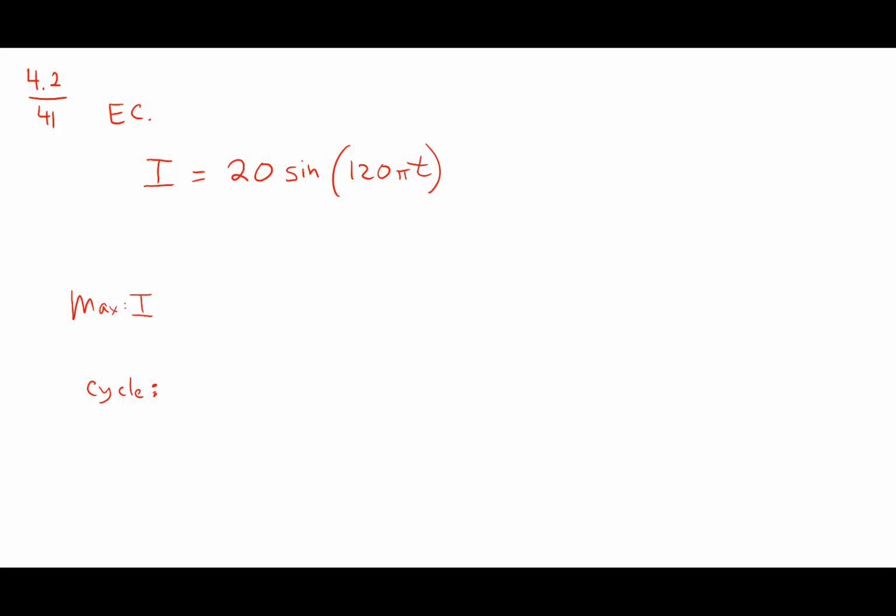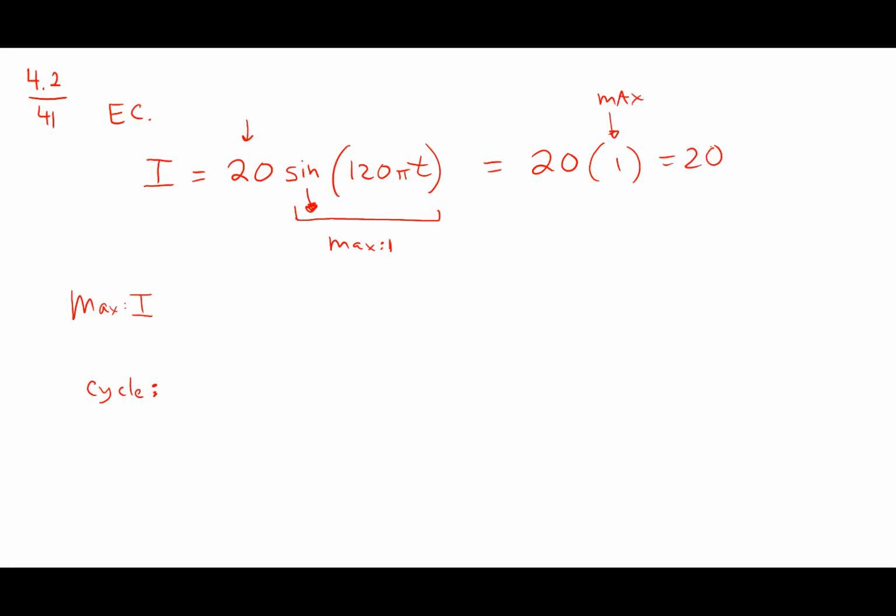So the question is this, and this is a kind of thinking question for you guys. What's the highest value that sine could be? What's the maximum value for sine? The maximum value that sine could ever go would be 1. So you have something that's multiplying 1. The highest it could be is 20 times 1, or 20.